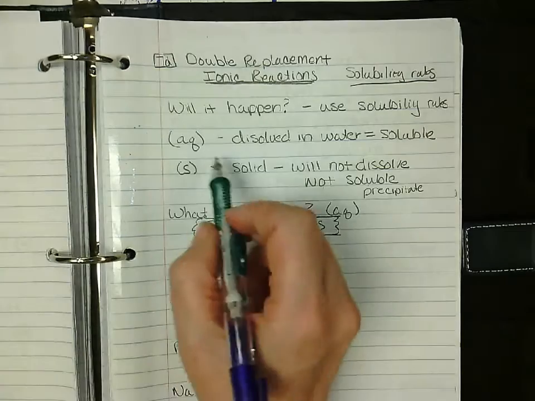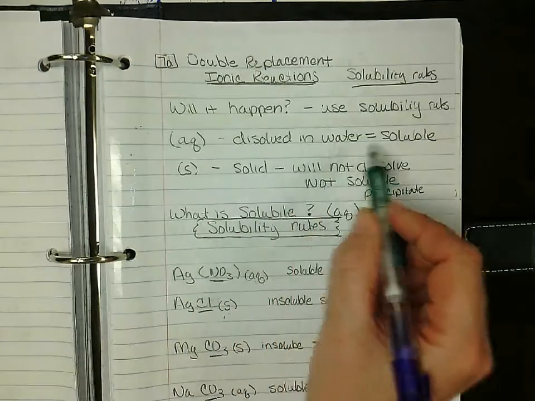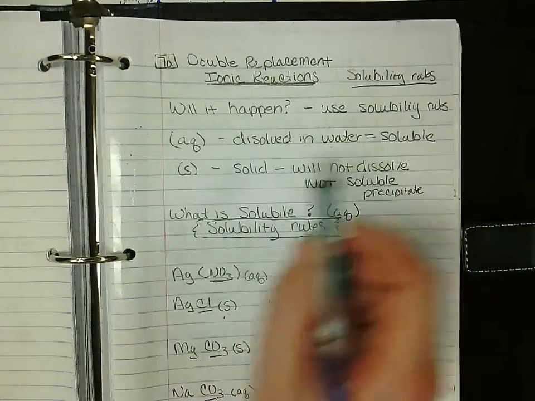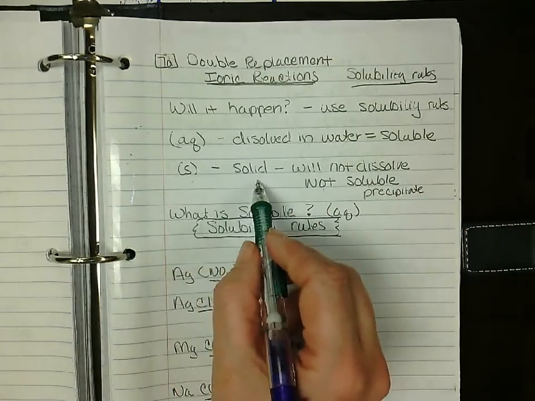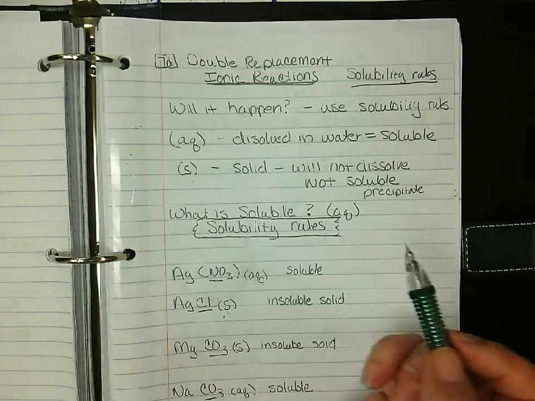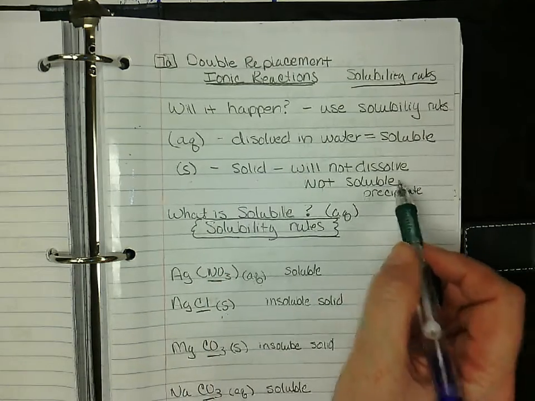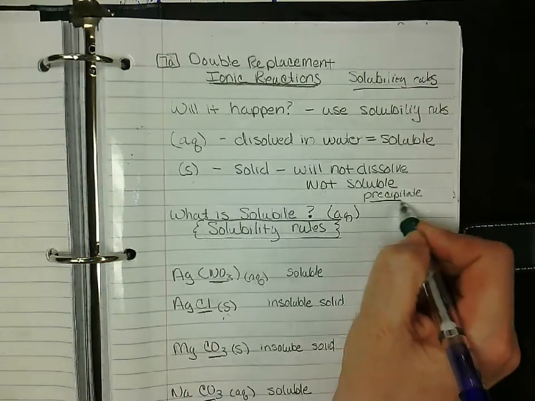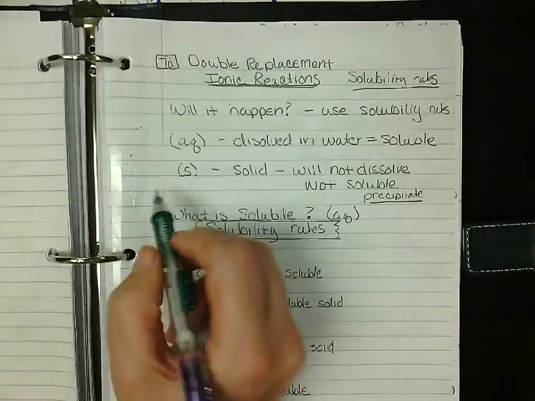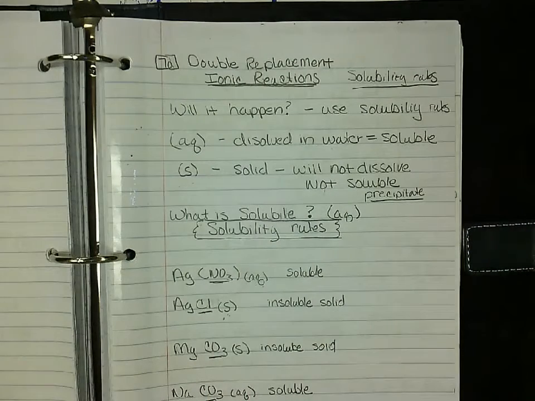AQ means it's dissolved in water and it will be soluble. S means a solid precipitate will happen, and it will not dissolve, it's not soluble, it forms this precipitate. If we have a precipitate, that means a reaction happened. If all of our products are soluble, that means we have a no reaction, and we'll explore that tomorrow.